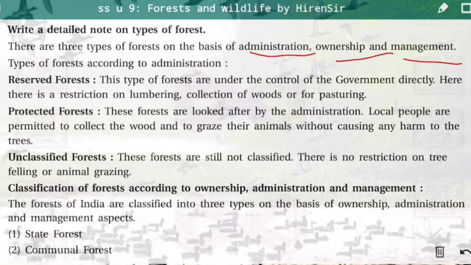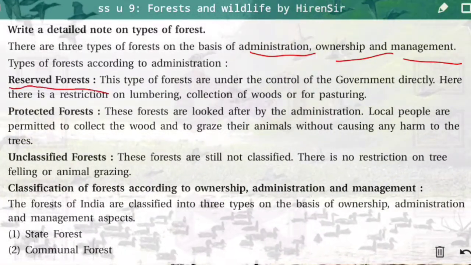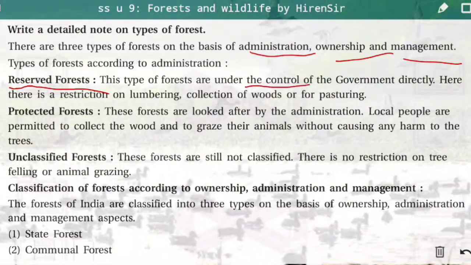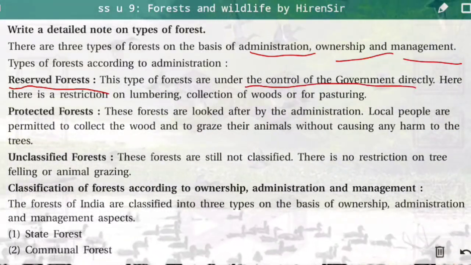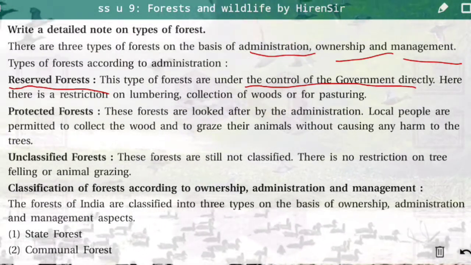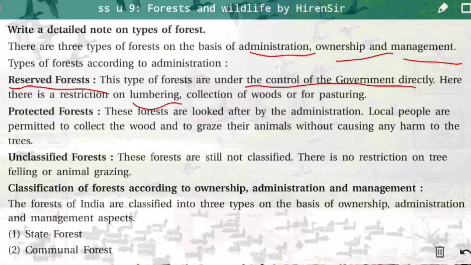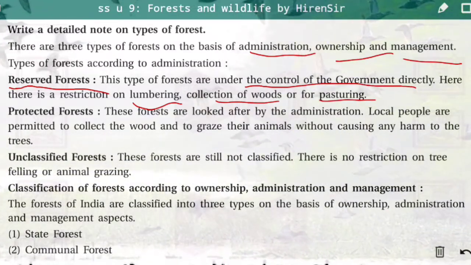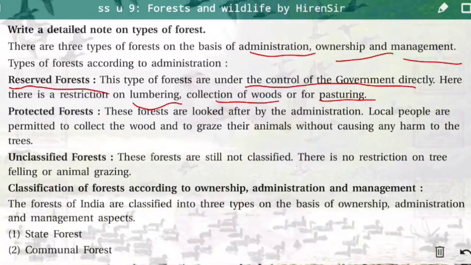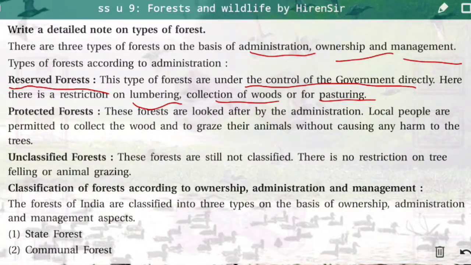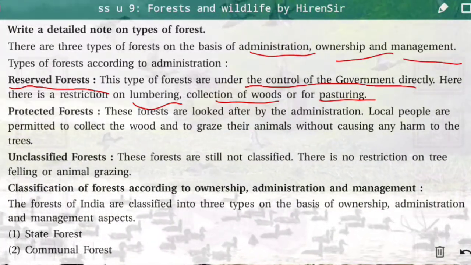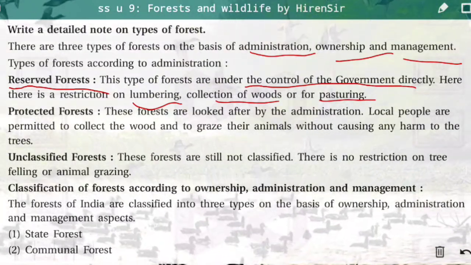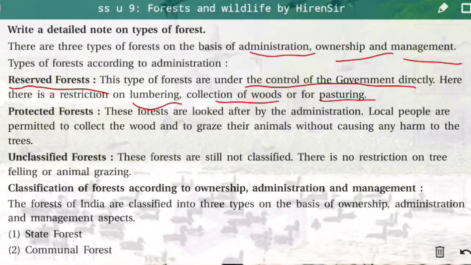Among them, the first one is the reserved forest. These forests are directly under the control of the government, so there will be restrictions on lumbering, collection of wood and pasturing. For example, a farmer or a shepherd living near the forest will not be permitted to collect wood, even for cattle pasturing.